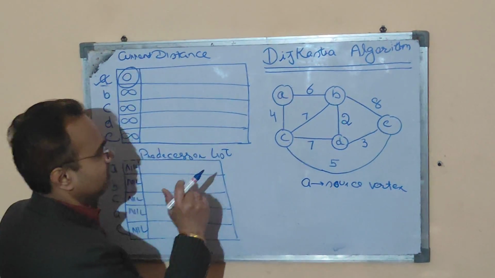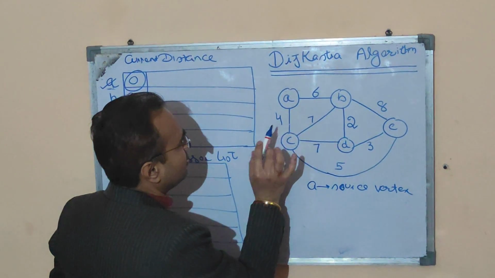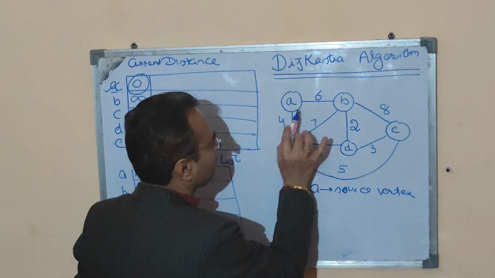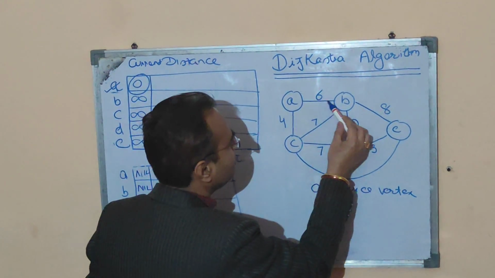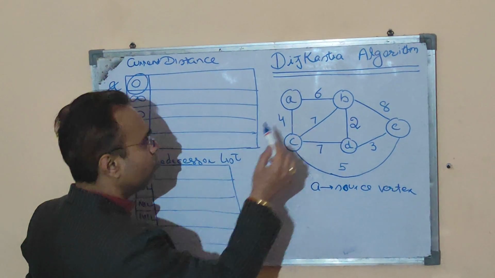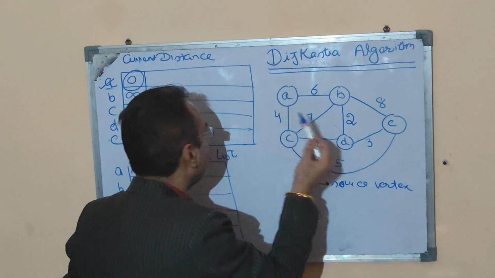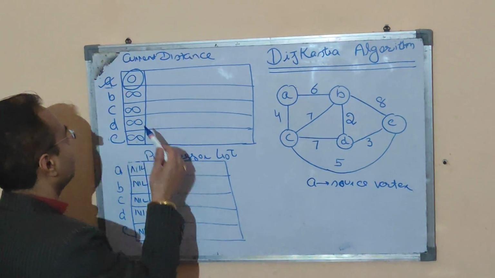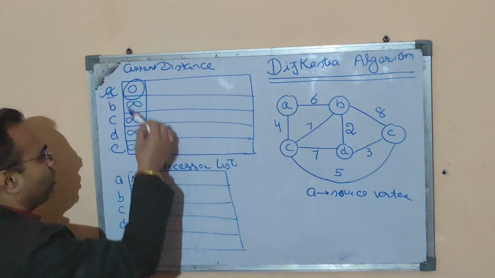Now the next step is we will see whether it is possible, by traversing through the outgoing edges from A, to determine a shorter path for unfinalized vertices.